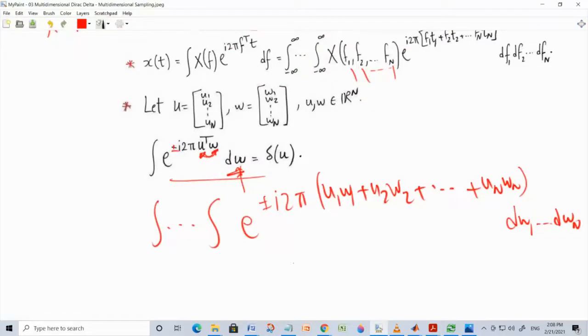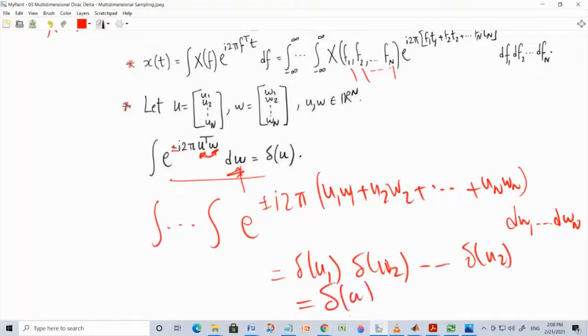This will give you delta u1, delta u2 up to delta un, which can be written in shorthand as delta of u. So these properties also hold in multiple dimensions.